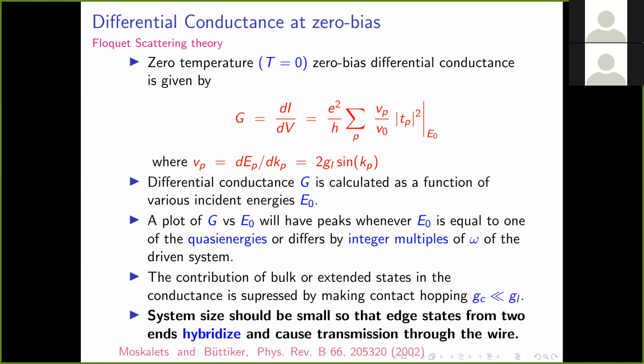And there is another point I should mention: for these edge states to transmit the electron, edge states from the two sides of the system should hybridize, which means they should have the same energy, and this hybridization will allow them to form a channel between the two ends of the system, and through that the electron can pass through the wire. I will talk about this more in a next slide.